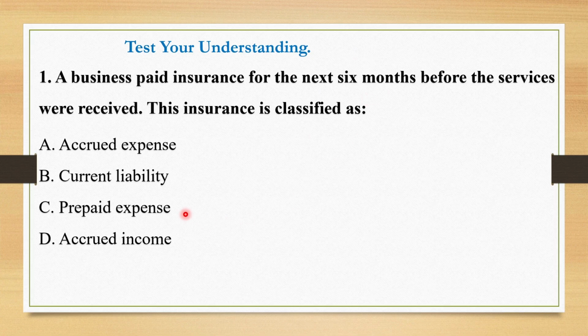What is the answer? What do you guess? The answer is C. This is prepaid expenses. They have paid in advance. You can see for the next 6 months they have paid in advance. So the right answer is C.